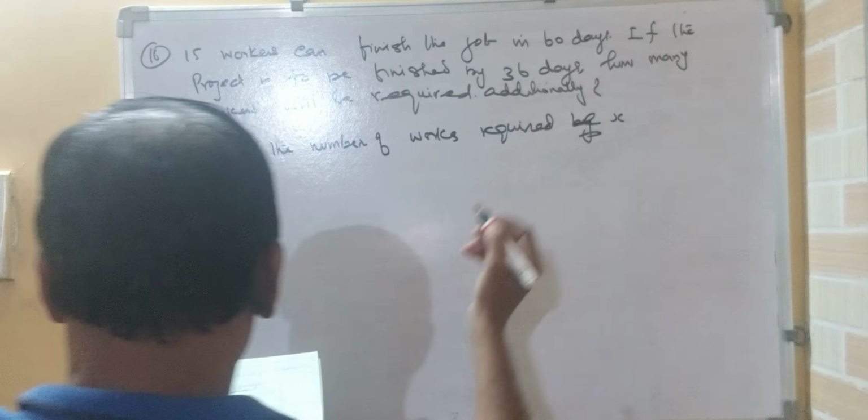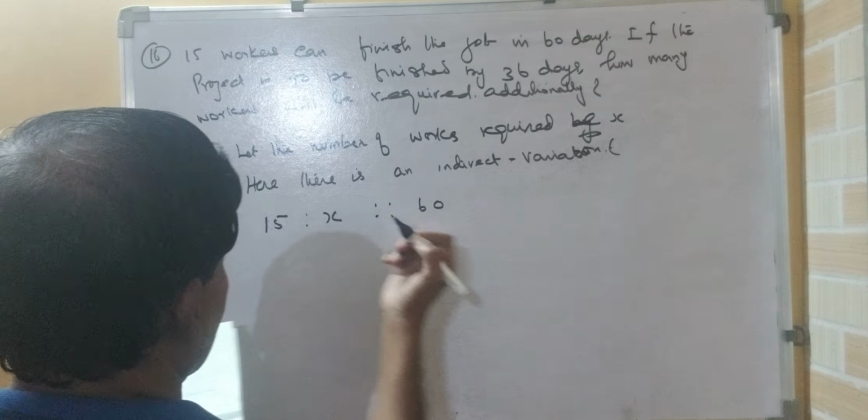Now here there is an indirect variation, indirect proportion. 15 workers are there, they can complete the work in 60 days.